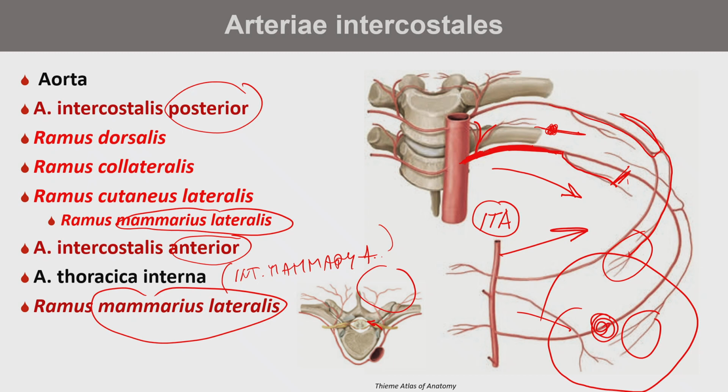This is the reason why we can observe metastasis from the breast along this artery, which is called the internal thoracic artery.